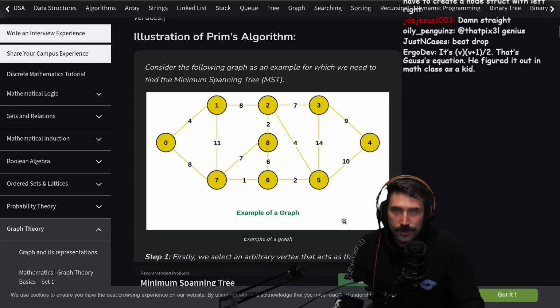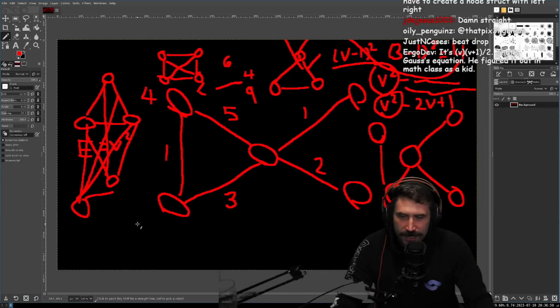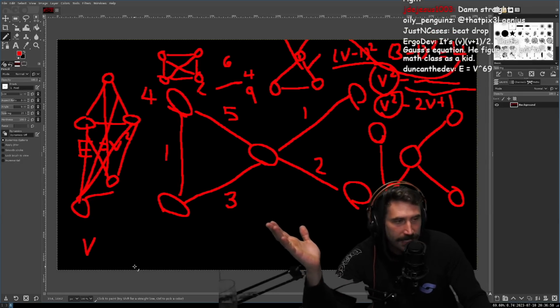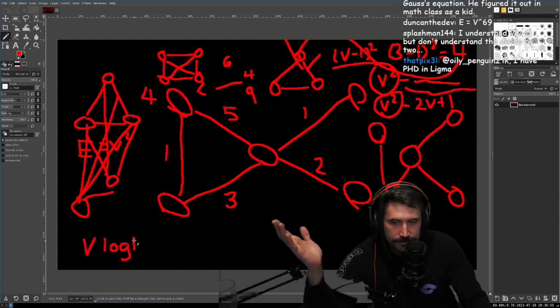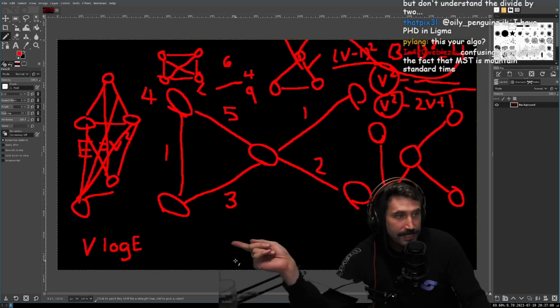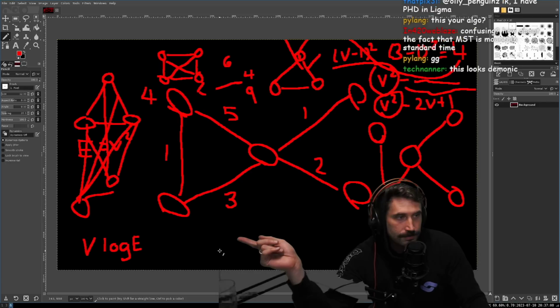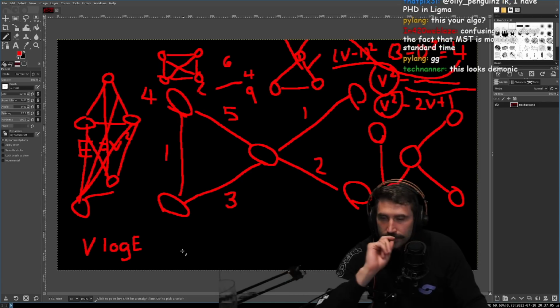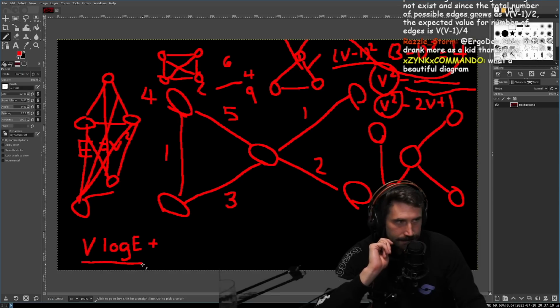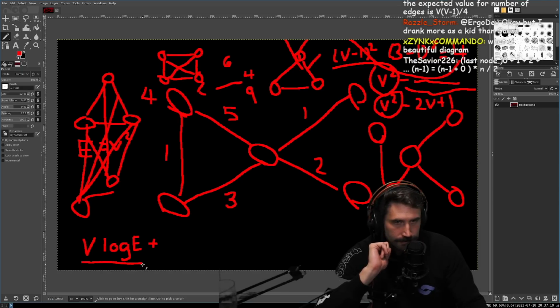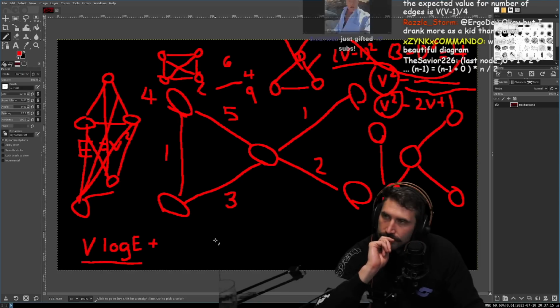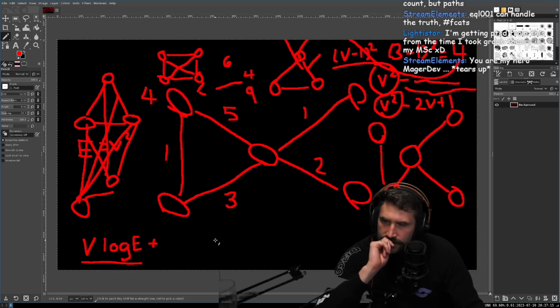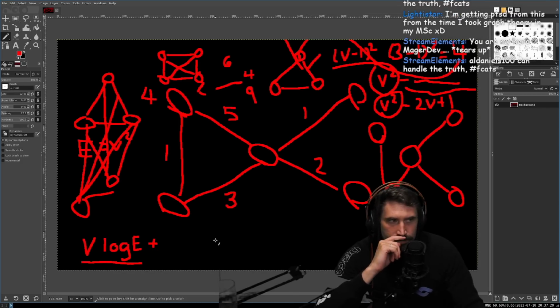All right, so this is what I see right away: if you consider the binary heap, for every single V, we have to do a log of E. So this is the binary heap operation, every single time. That makes sense. Do we have to do more than that? Do we have to do more?